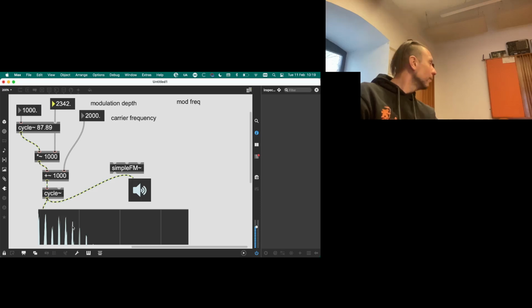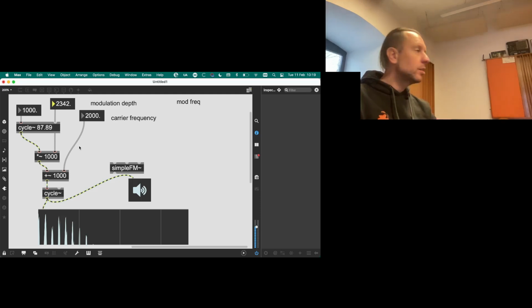I have the third harmonic, but I also have something in between, because all of these are spaced 1000 hertz apart, but the harmonics would be spaced 2000 hertz apart. So every other is bang on the harmonic. So actually this is a very harmonic spectrum. In fact, it sounds like a single sound source.